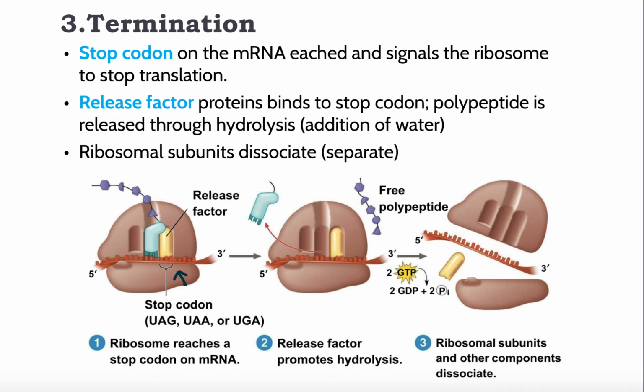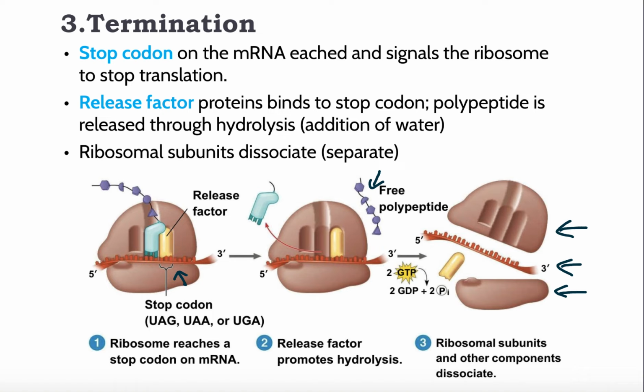Instead, it brings in a release factor protein into the A site, and that release factor protein is going to induce hydrolysis that's keeping the ribosome structure together, and it's going to pop everything off and release the protein, release the ribosomal pieces, and release the mRNA.